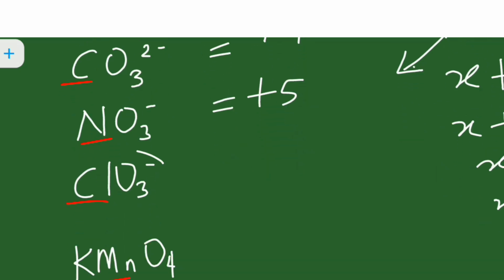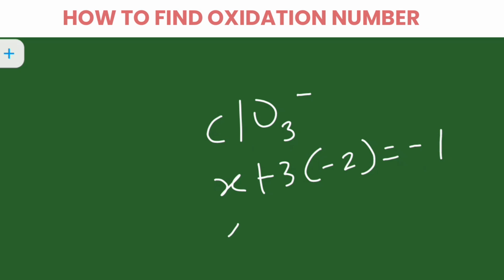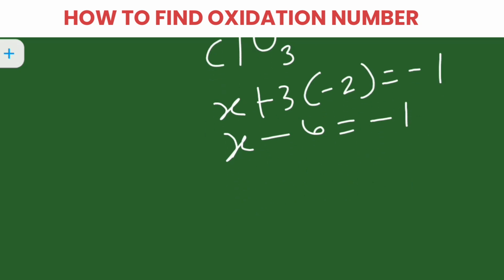So the next one is ClO3-. We are looking for the oxidation number of chlorine. Your oxygen is -2. Your total charge must be equal to -1. If you solve this, X, representing chlorine, plus 3 into -2, it's just similar to the one we just did for NO3-.